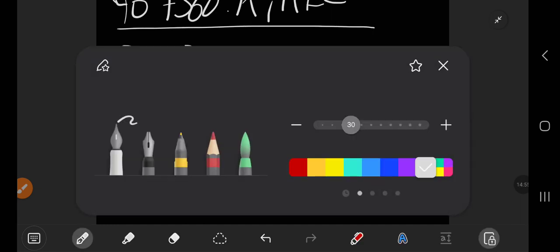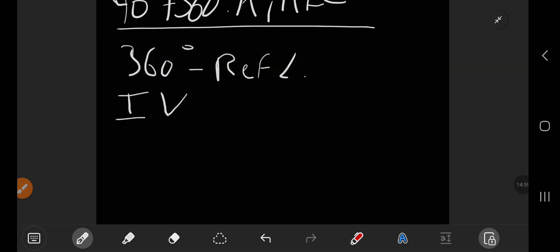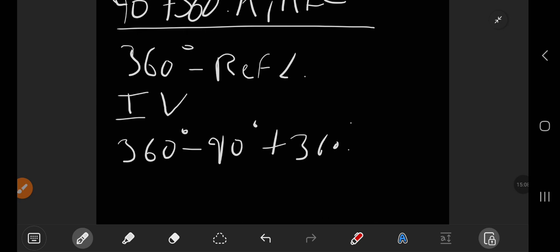So this becomes 360 degrees minus 90 degrees plus 360 degrees times k, where k is an element of integers. So that's basically telling you that if you multiply by any integer, it's always going to give you that trig ratio.